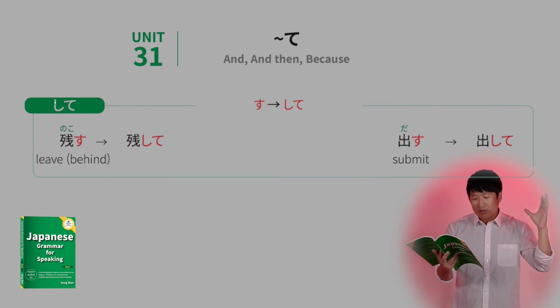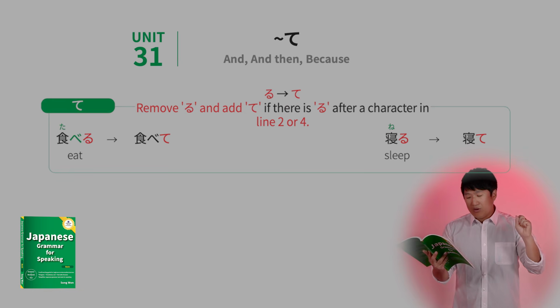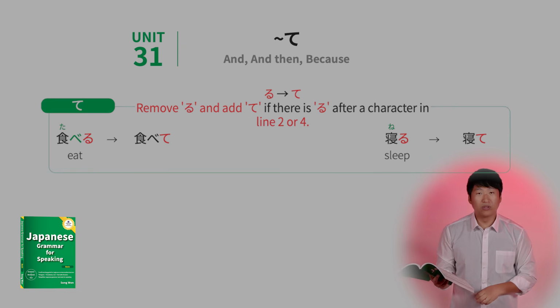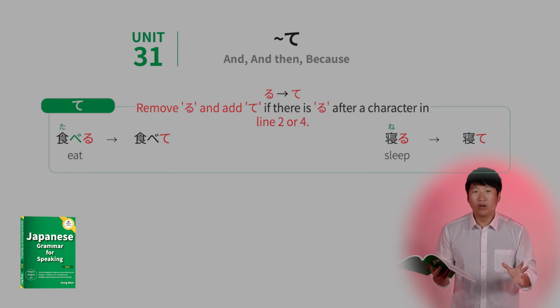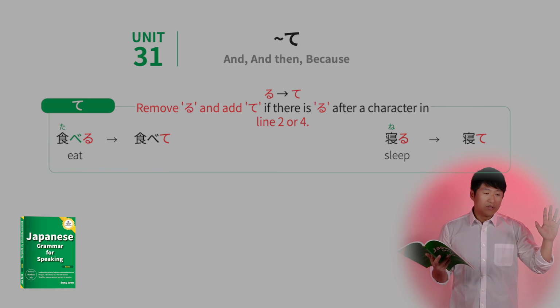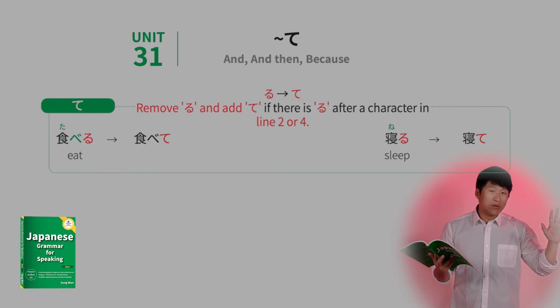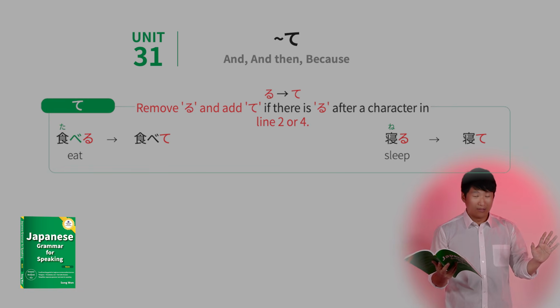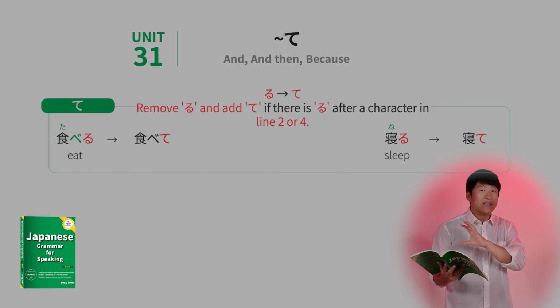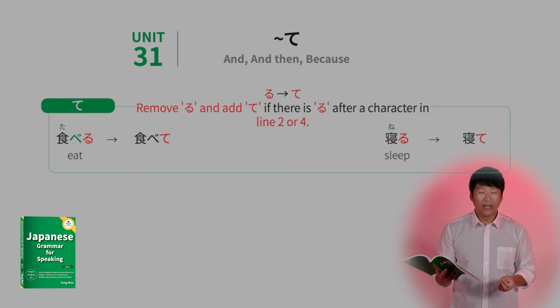Okay. So next one, ru becomes te. What ru words do we have? Taberu, for example. When we used must, we removed ru and added must, right?